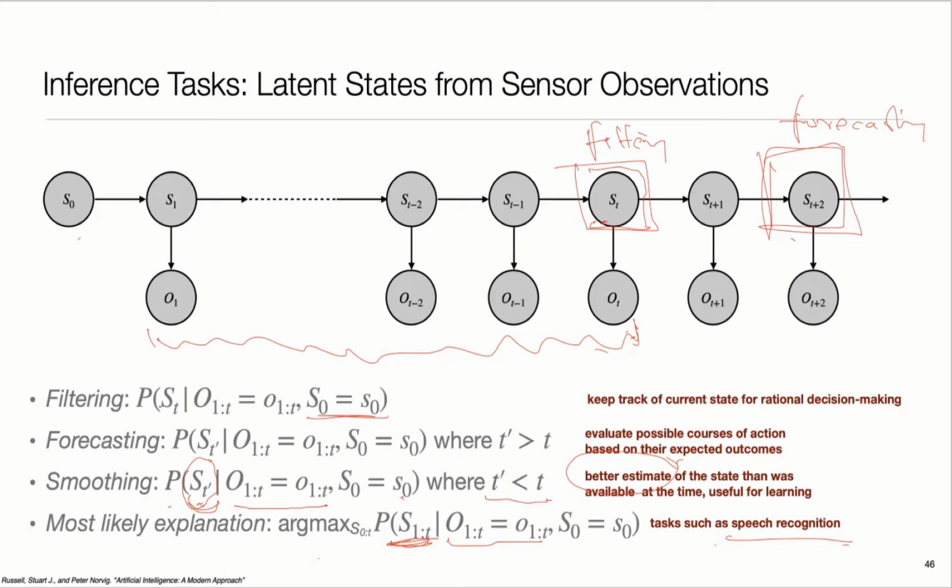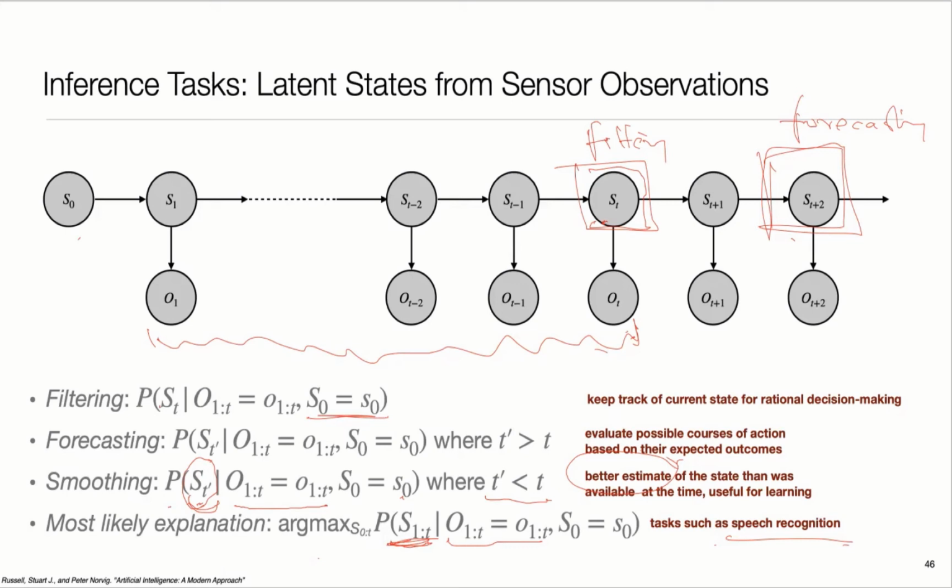So let me say it again. I gave you sensor measurements from 10 time steps, and I'm interested in finding out what was the most likely sequence of states from time step 1 through 10, S1, S2, S3, right? What was the most likely sequence?